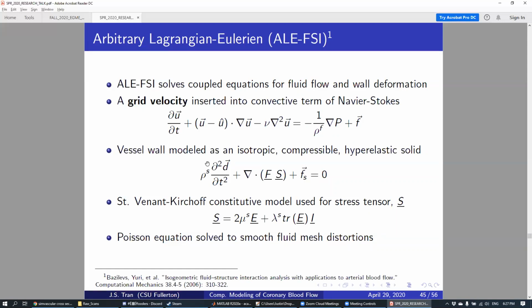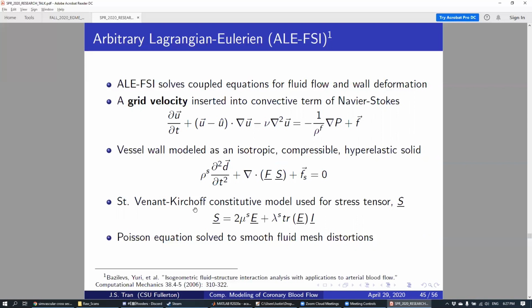Then for the vessel walls, we're going to solve a different set of equations for a hyperelastic solid. This equation right here is a differential equation for the vessel wall. I call this a true multiphysics framework because we have literally 2 different equations that we're going to solve at the same time.